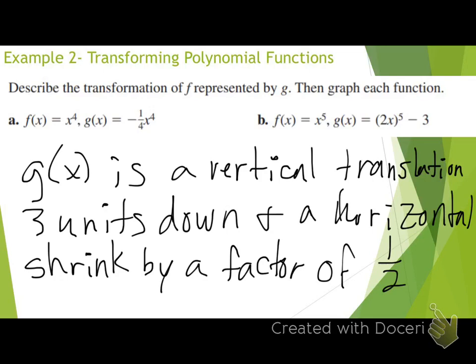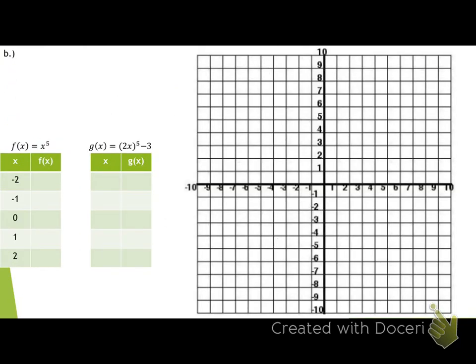Can you go back to the graph one? Yeah, that one. So x to the 5th.